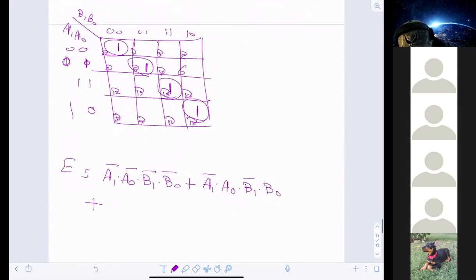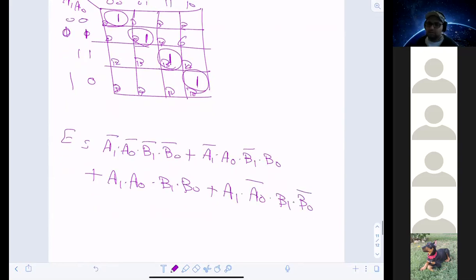Then here is going to be A1 A0 with B1 B0. Then the last one is going to be A1 with A0 complement with B1 B complement, right? Do you agree? Yes.